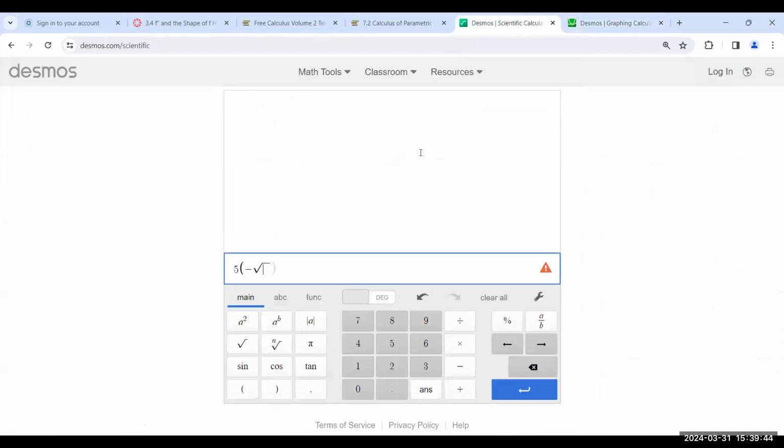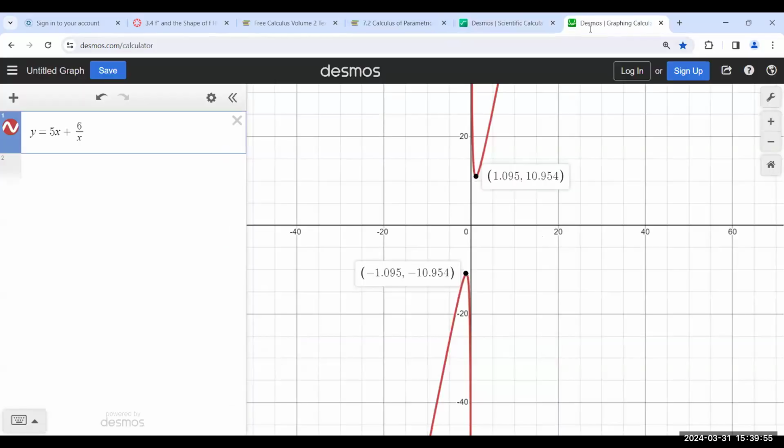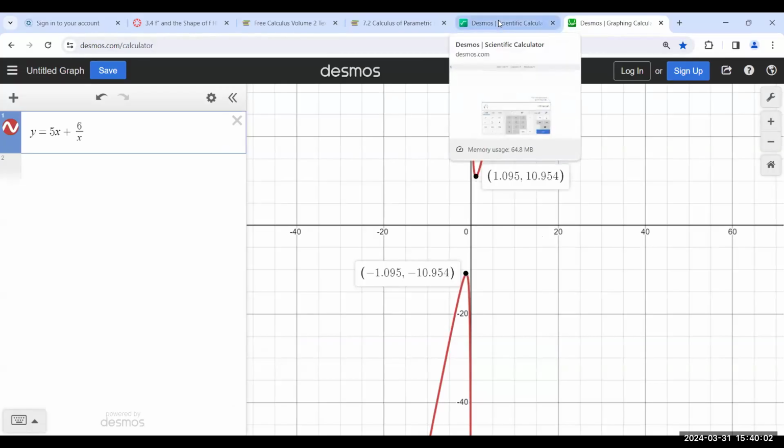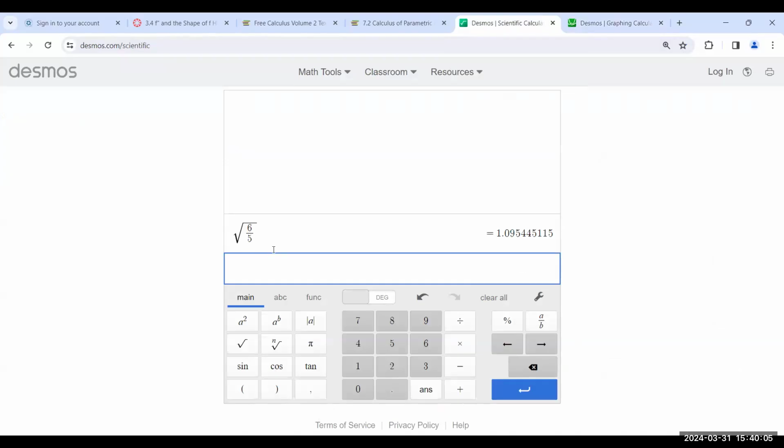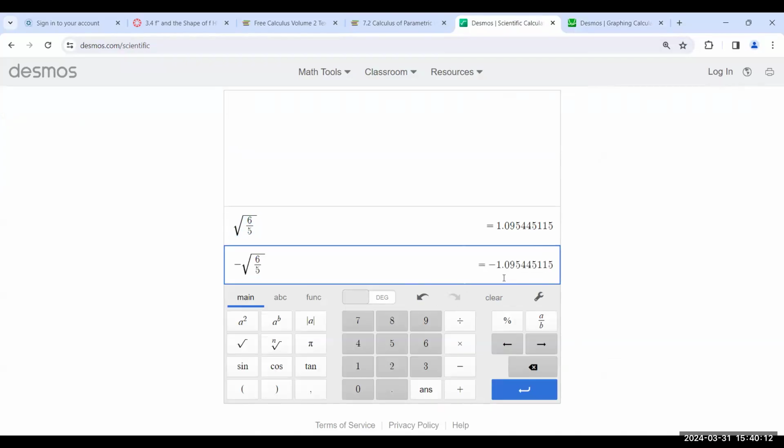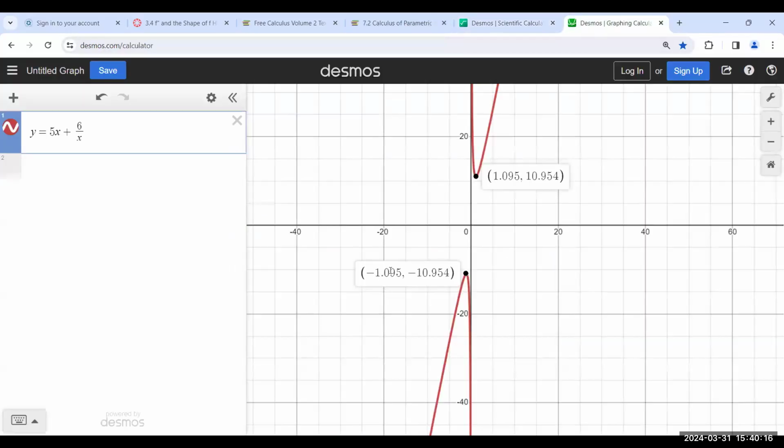And let's see what the square root of 6 over 5 was: 1.095. And notice we see that right here as the min. And then if I stick a negative in front of this, notice I get negative 1.095. That's right here.